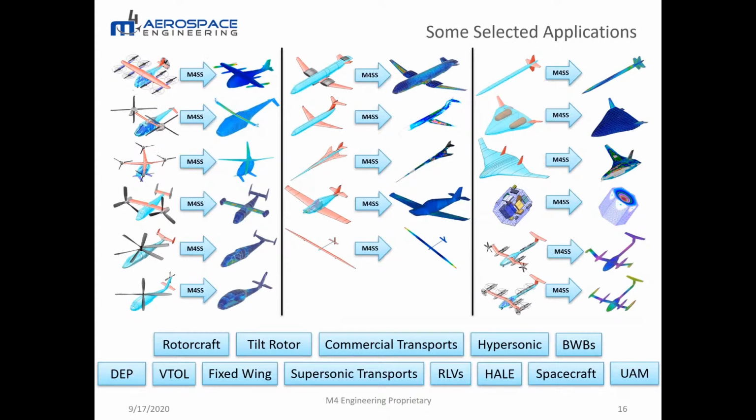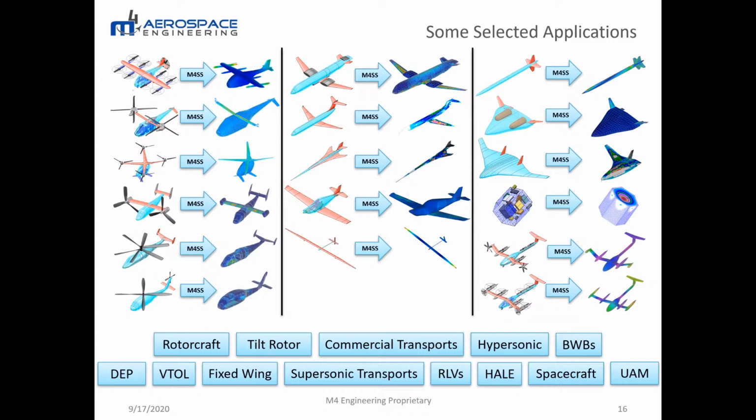And then lastly for the selected applications, we've really looked at a lot of vehicles, many more than are even shown here. This is what we're allowed to show. As you can see on the left, we've looked at some VTOL UAM type applications in a previous phase 3 that concluded last year, and then we've also looked at some traditional transports as well as GA and HAIL type vehicles.